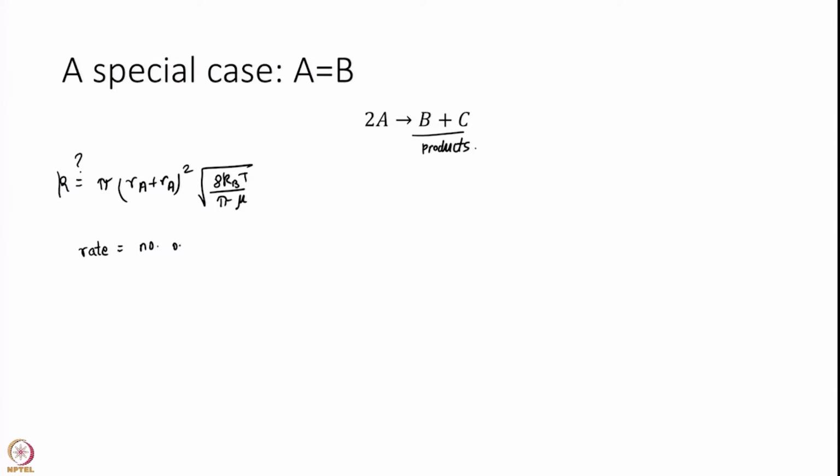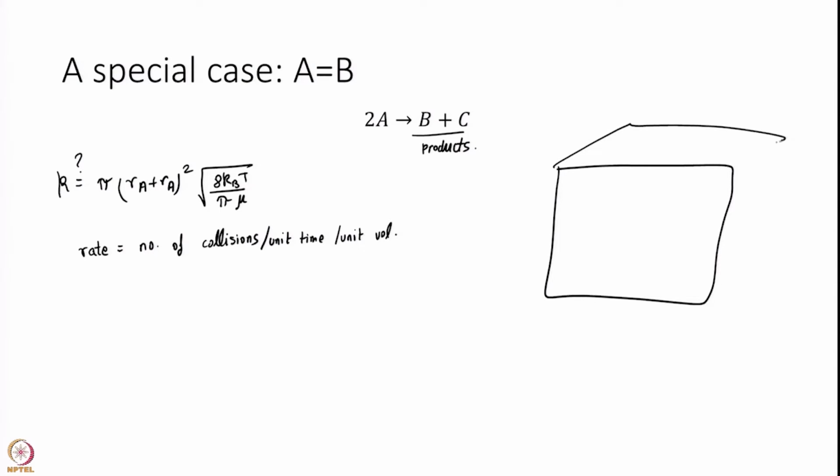So, imagine you have this big box, you have a lot of A's and you have a lot of B's.